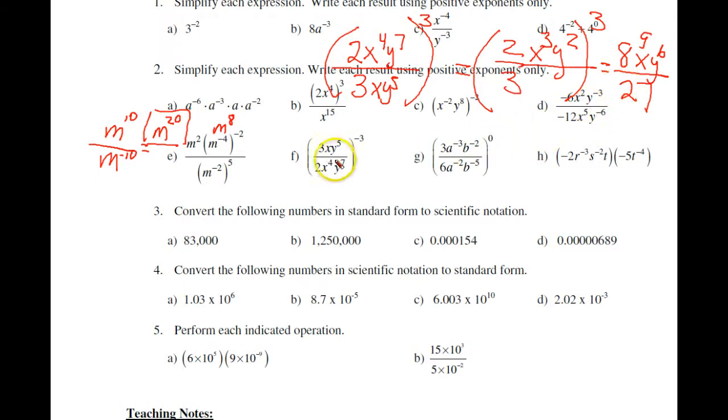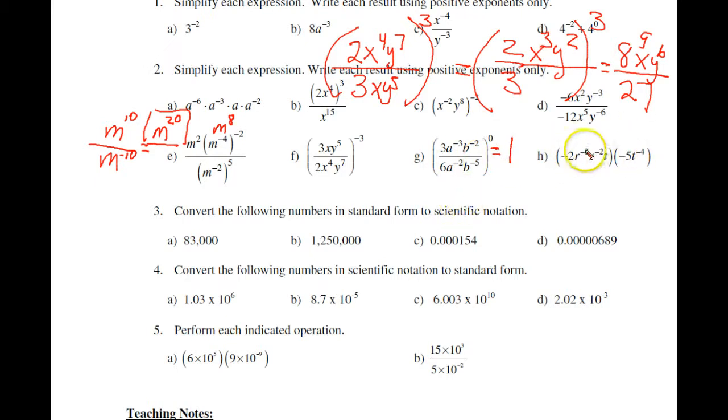And that was F. Now in letter G, let's look at it. Oh, look at this. This fraction, even though it looks super complicated, is to the 0 power. What did we say anything to the 0 power is? 1. Yep, anything to the 0 power is 1.